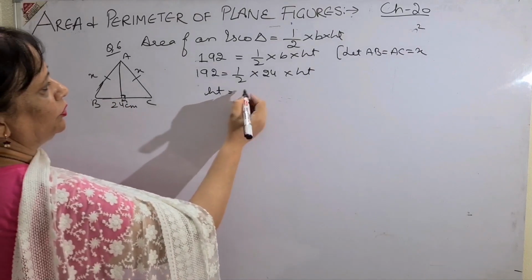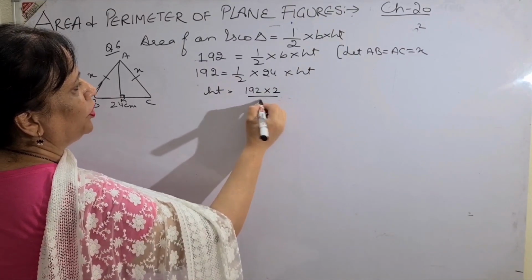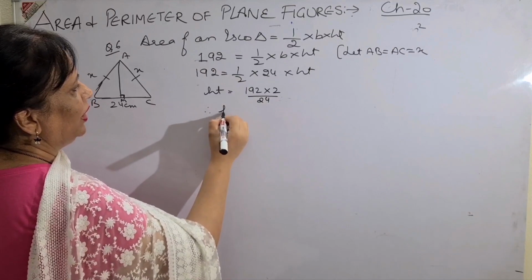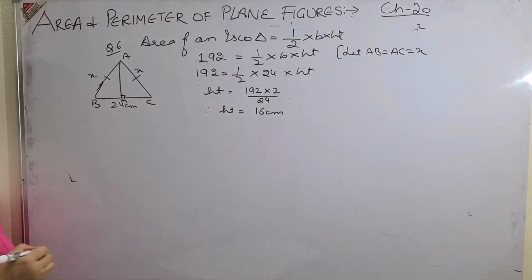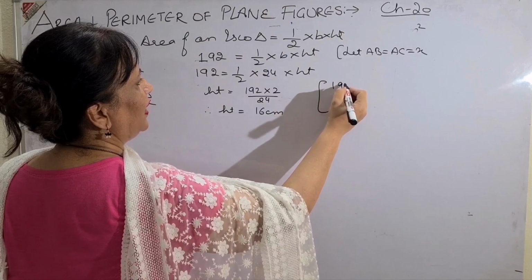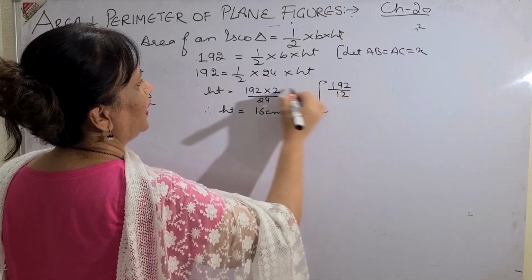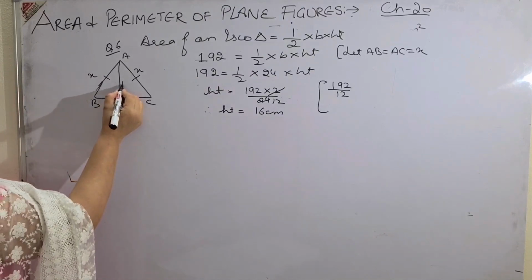So height is equal to 192 into 2 upon 24. When you calculate, you can check your calculations again and again. Do it in the rough column, and calculate it twice so that there is no problem. So height is 16 centimeter.